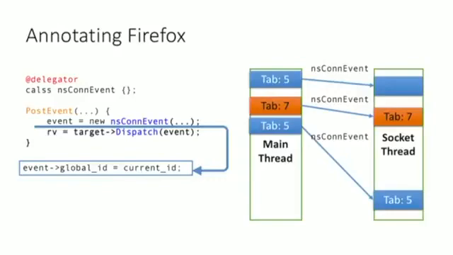All the events happening in the worker thread can be correctly attributed to the global identifier. By doing so, even for multi-threaded programs, all the events can be correctly attributed to the global context, and those will form one unit.